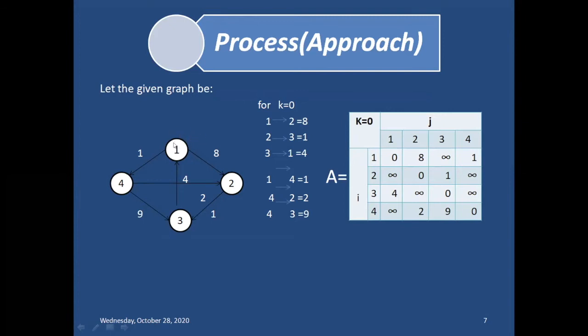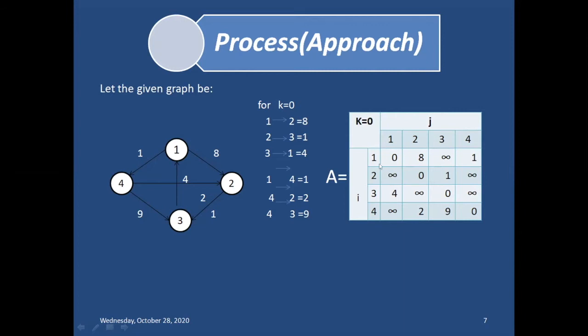Now we can go from 1 to 2 by distance 8, and from 2 to 3 by distance 1, and from 1 to 4 by distance 1, and from 4 to 2 by cost 4, and from 4 to 3 by cost 9, and we represent the information in an adjacency matrix.